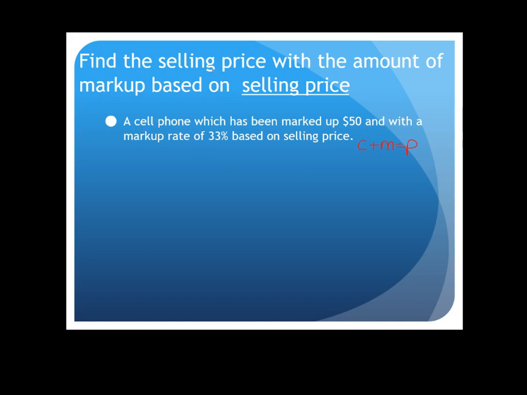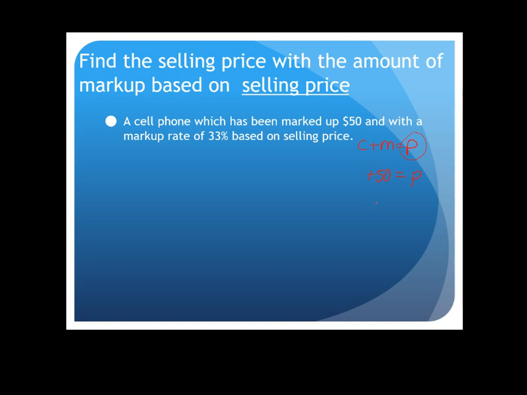I want to find the selling price, so I want to find P with the amount of markup based on the selling price. So I know the markup's $50. I don't know the P. And the markup rate is 33% based on the selling price.